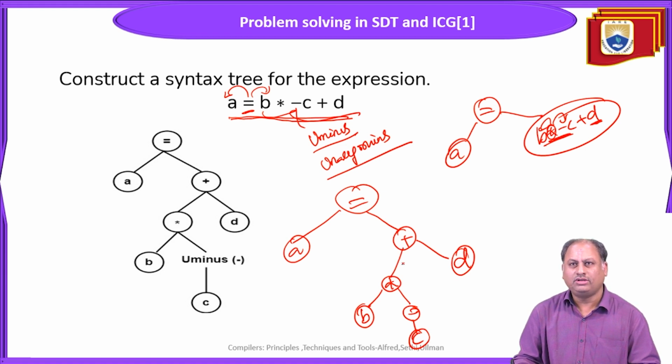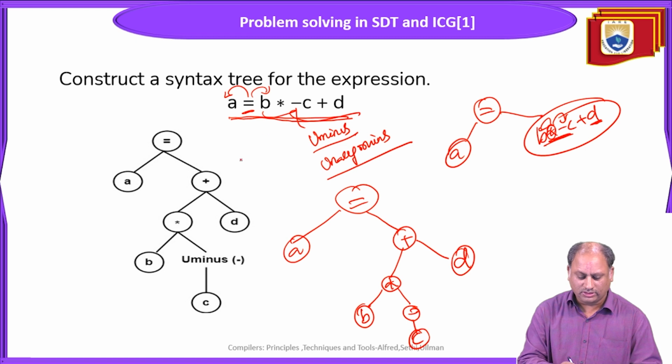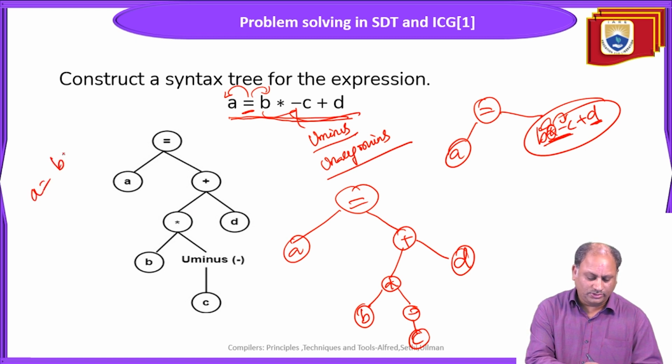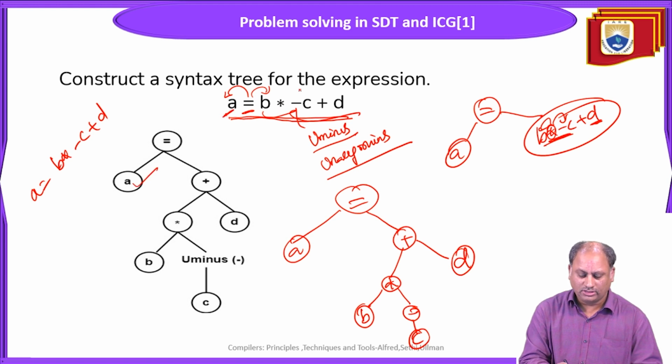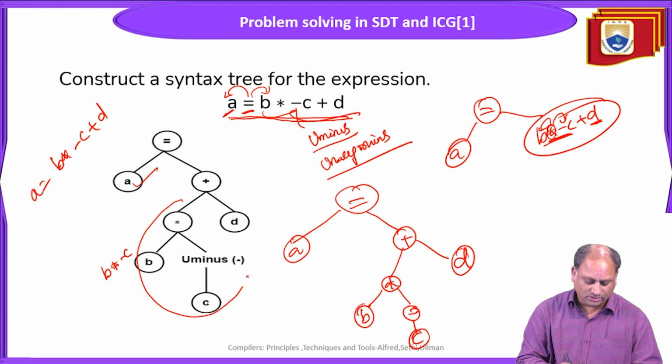Like this we generate a parse tree structure for the expression a equal to b star minus c plus d. In a simple way, we write equal to with the variable operand a, and to the right b star minus c, followed by plus d.